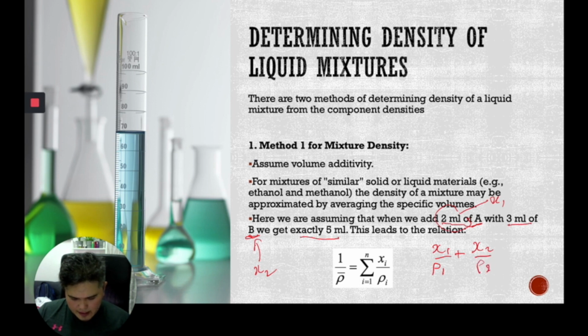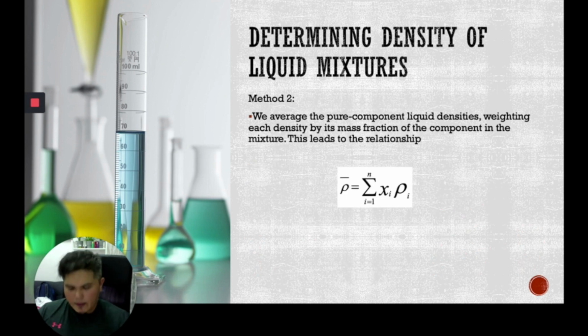When you sum it, it will be equivalent to 1 over rho of the mixture. So what you do is invert this, 1 divided by this, and only then will you be able to get your density. That is one method that you can use to estimate the density.